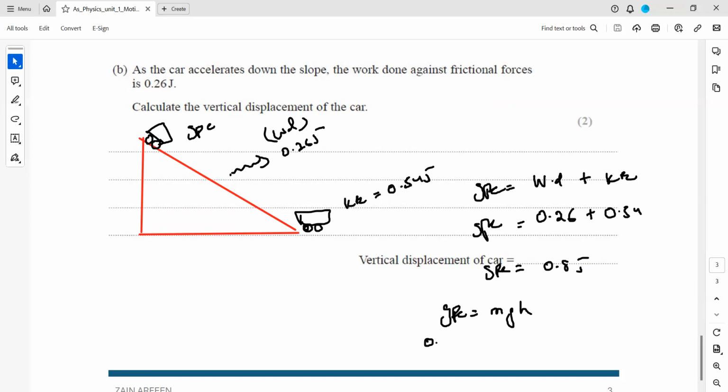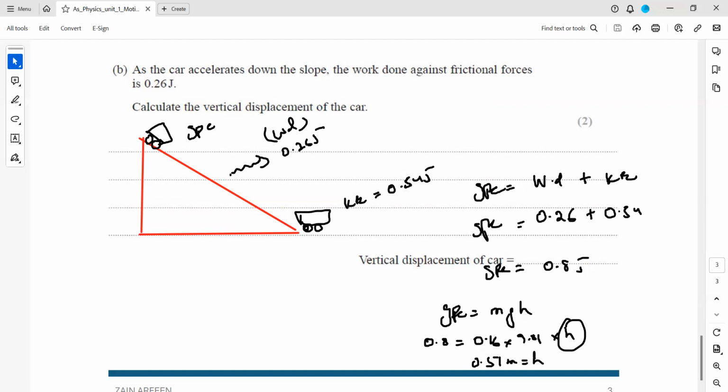So the energy is 0.8. The mass of the car is given in the question, 0.16, the acceleration due to gravity is 9.81, and the height. If we need the height, the whole factor will go in division. So when we divide, we get 0.51 meter as the height.